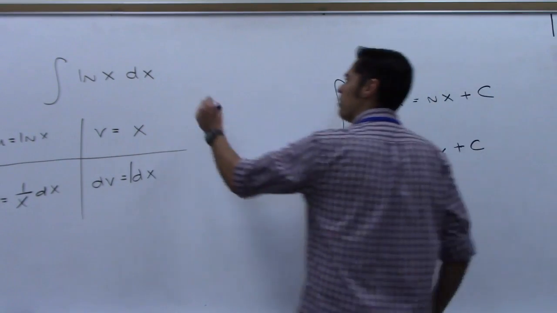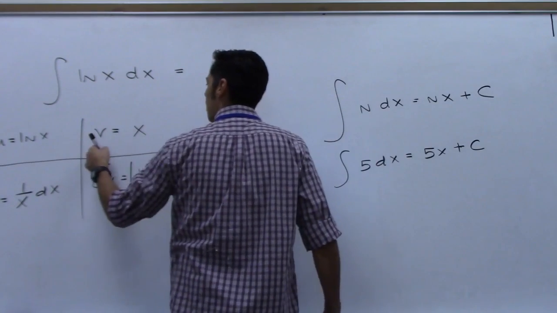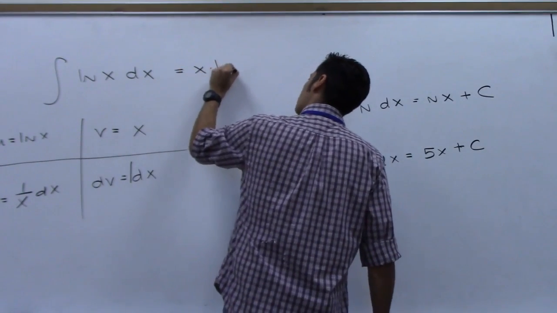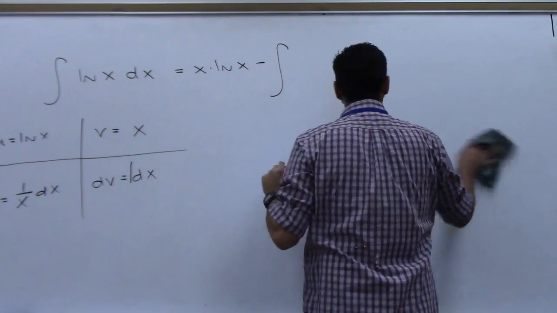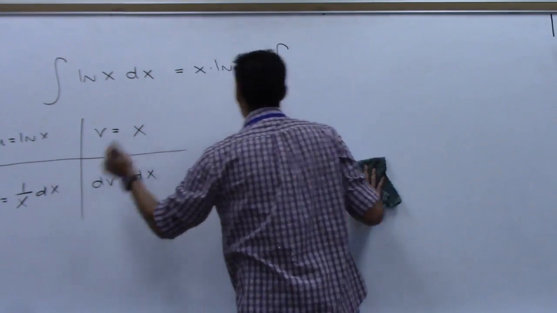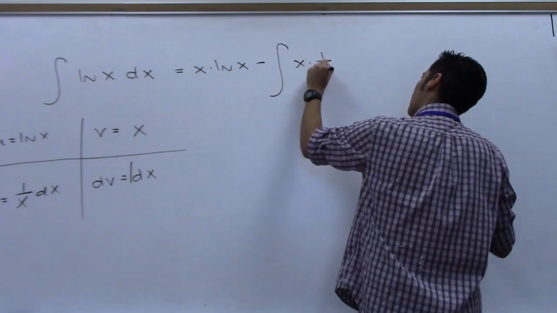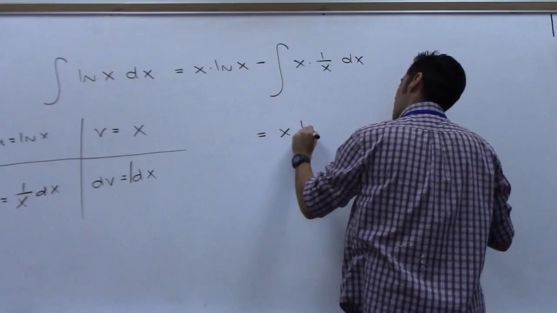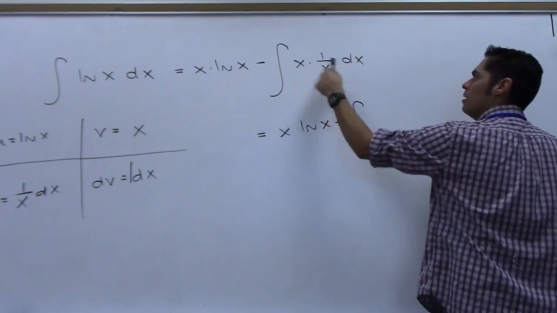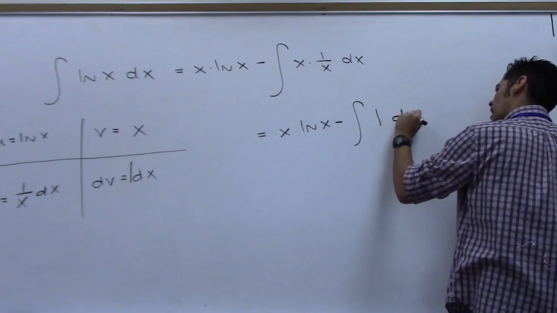And then ultraviolet would be these two multiplied. I'll put the x in front of the natural log, minus integral. And then when you do v du, it's x times 1 over x dx. But x times 1 over x is just 1 dx.